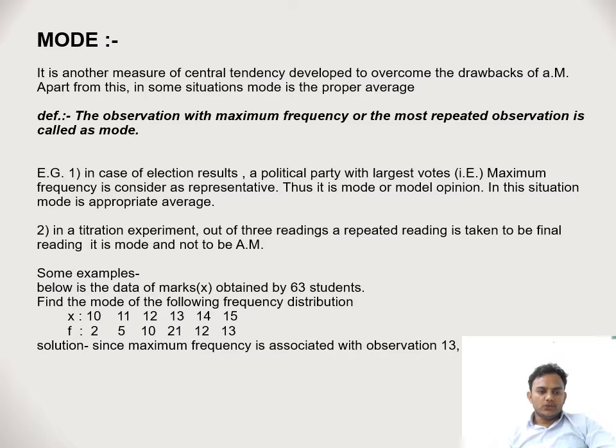The data shows that two students got 10 marks, 5 students got 11 marks, 10 students got 12 marks, like that. Now, maximum frequency is associated with observation 13, that is 13 marks obtained by 21 students. So here the maximum frequency is 21. So the modal observation is 13.